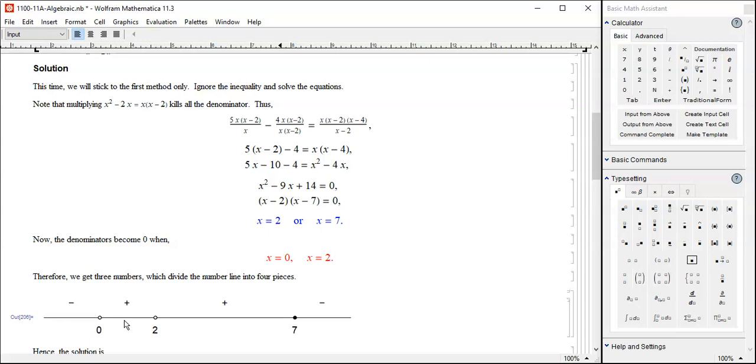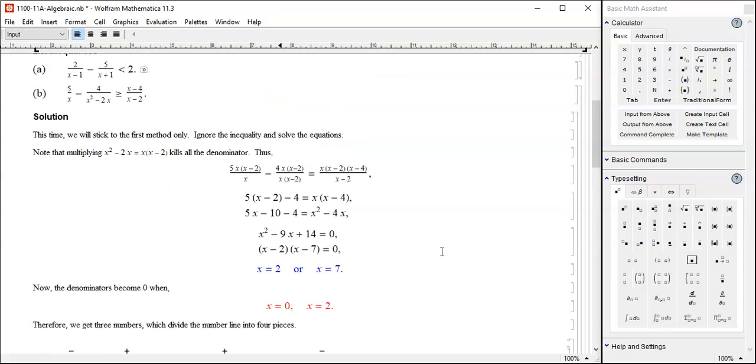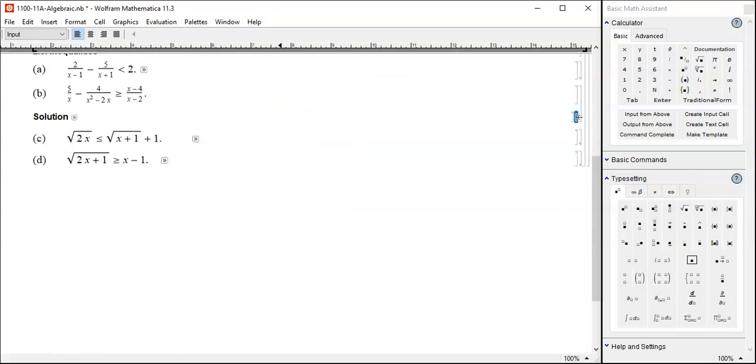Select any number between 0 and 2, like 1. Select any number between 2 and 7, like 5, and plug in, and you can work like that. Okay, it's a little bit more cumbersome than the multiplicity method, but it works anyway.